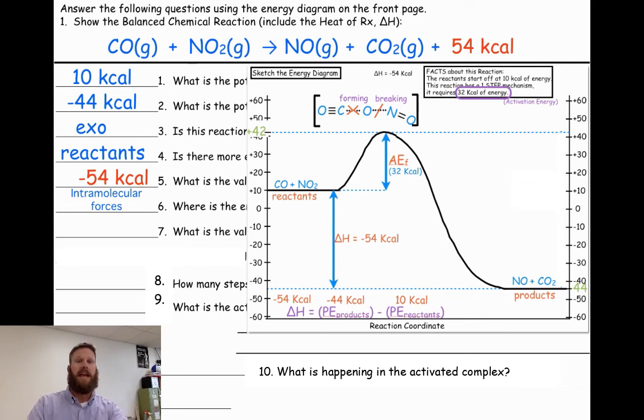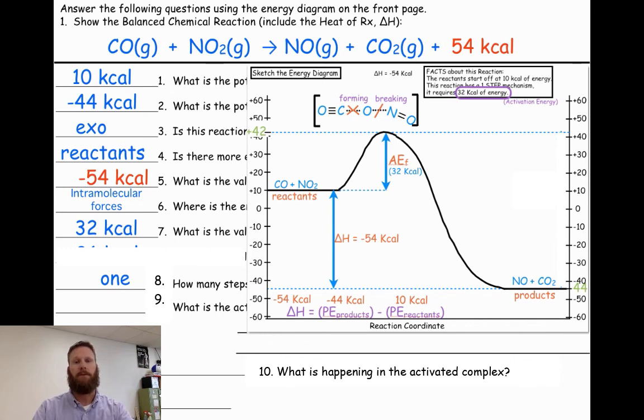What is the value of the activation energy forward for this reaction? Looking at the diagram, we can see that the activation energy for the forward reaction is 32 kcals. 42 kcals minus 10 kcals. How many steps or hills are in the postulated mechanism? There's only one hill, so this mechanism has only one step. What is the activated complex?